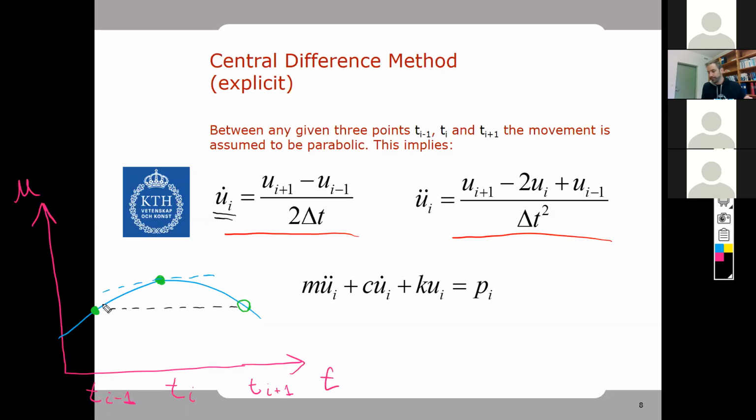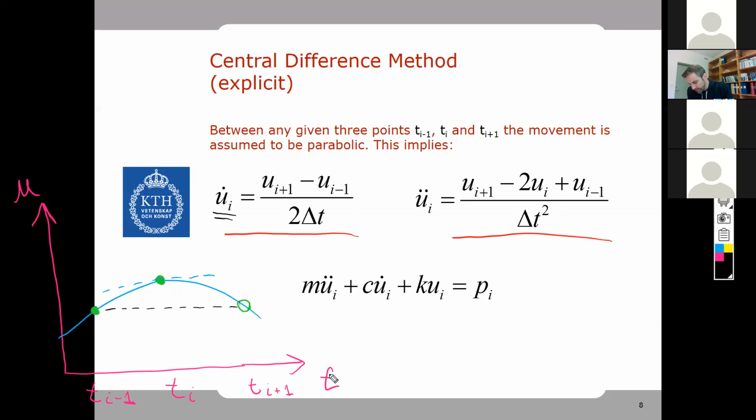So one condition that we're imposing is that we think that this slope here, the vertical distance between these two divided by the horizontal distance between these two, is a good approximation of the speed at this point, okay? Which is an assumption. It's not going to be always true, but it is a very good approximation, okay?